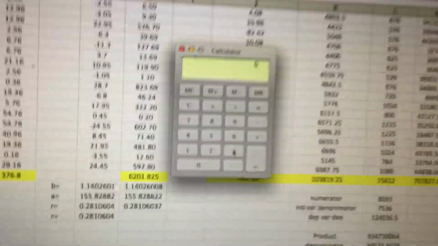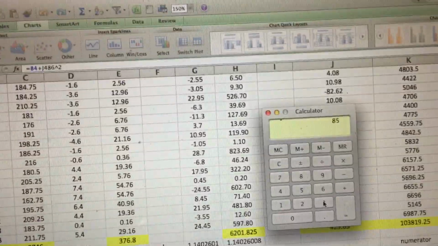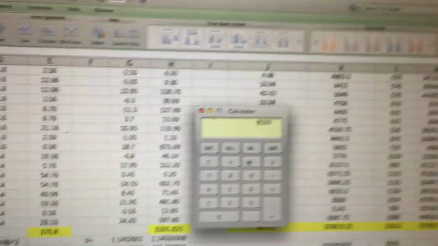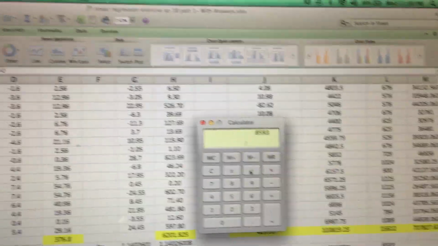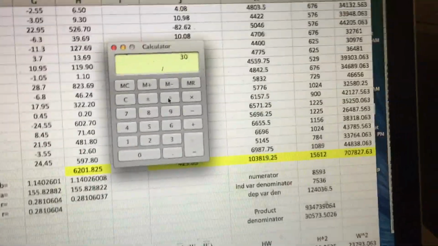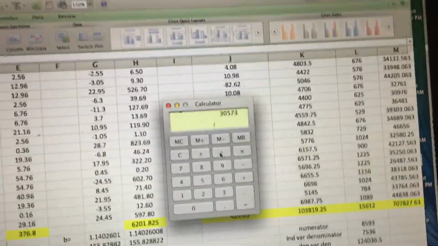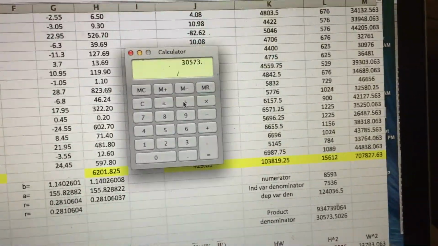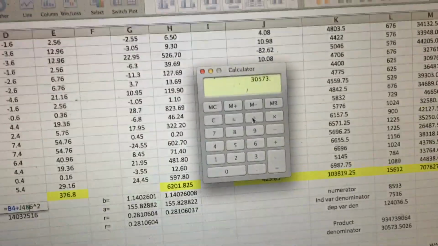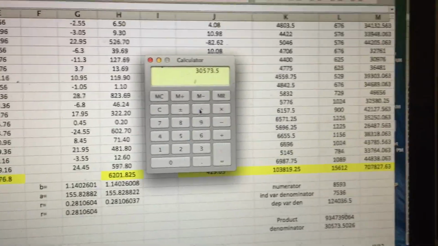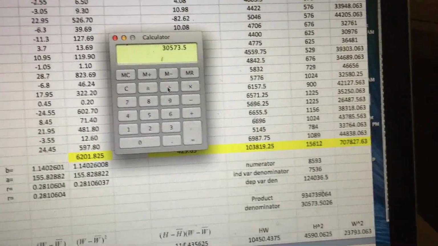So just that last final step, 8593 divided by 30573.5, on this one it says 5026.